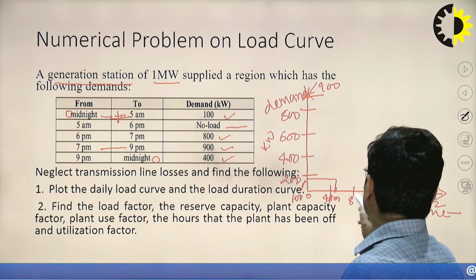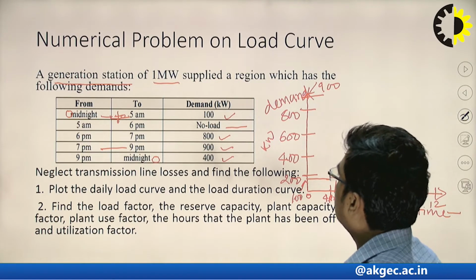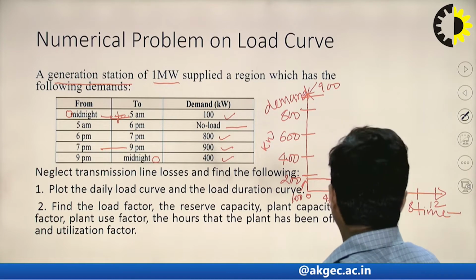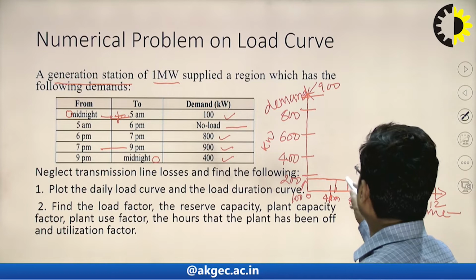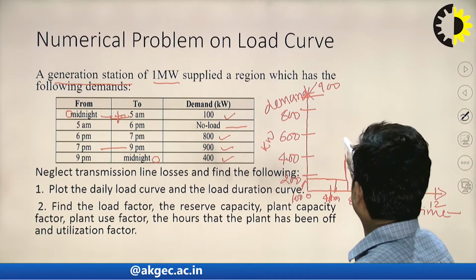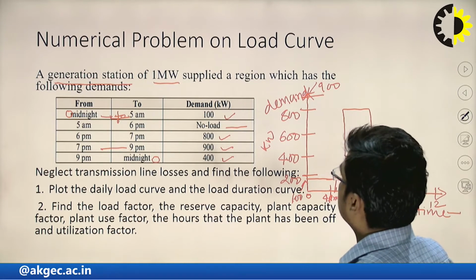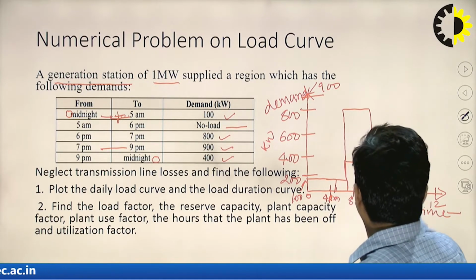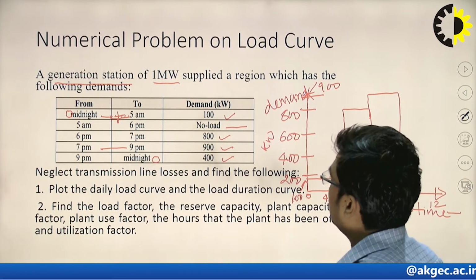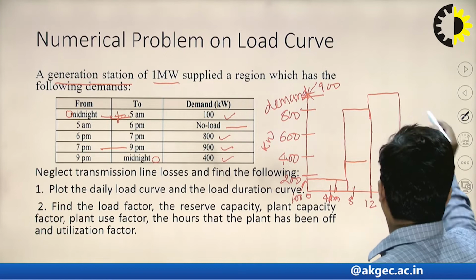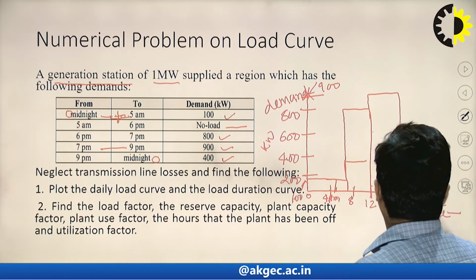From 5 am to 6 pm there is no load in the numerical, and from 6 to 7 pm it is 800, from 7 to 9 pm it is 900, and 9 pm to midnight it is 400.